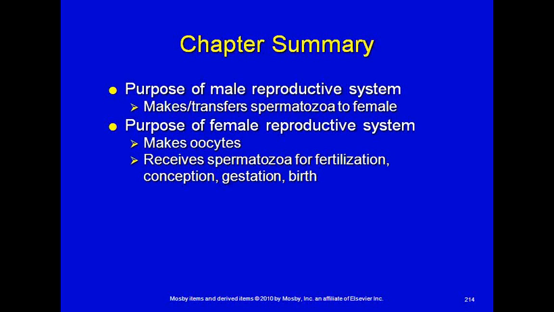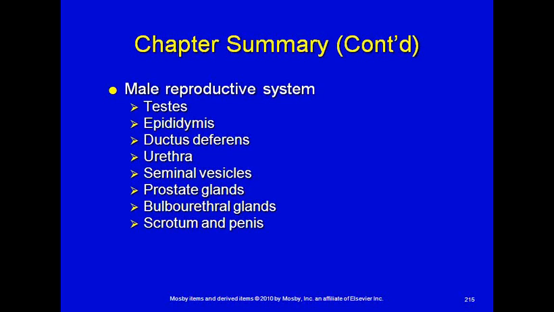We looked briefly at the purpose of the male reproductive system, and how its main purpose is to transfer sperm to the female, and we looked at the female reproductive system, and how its main purpose is to make eggs and to receive the sperm for fertilization, conception, gestation, and birth. We looked at those parts of the male reproductive system to include the testes.